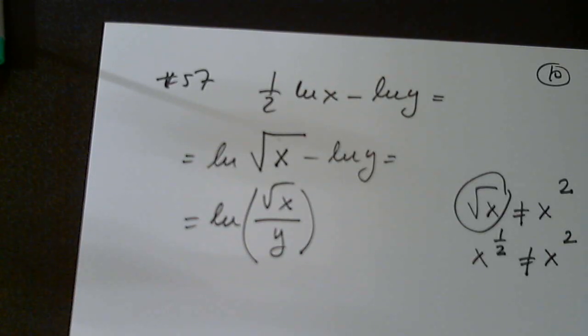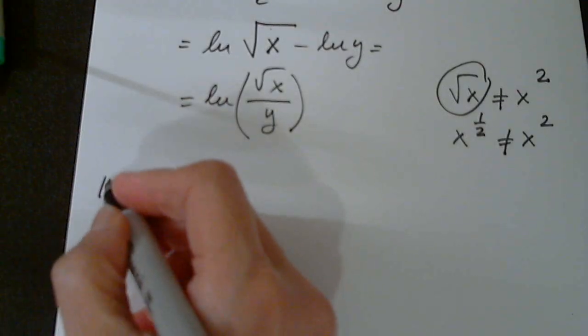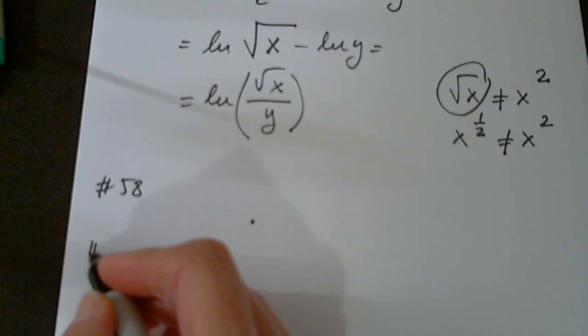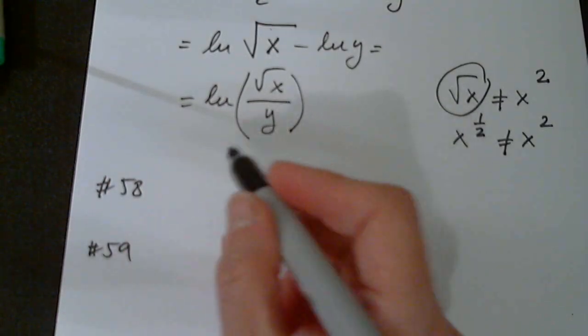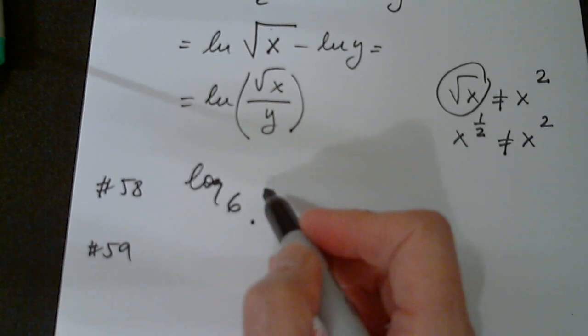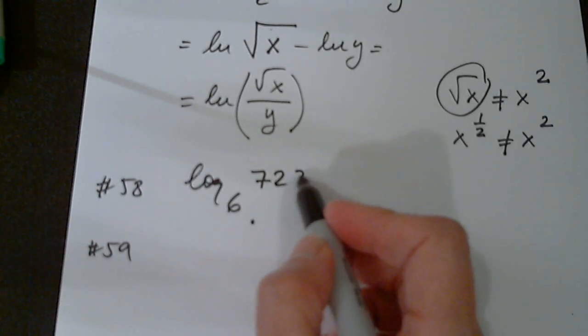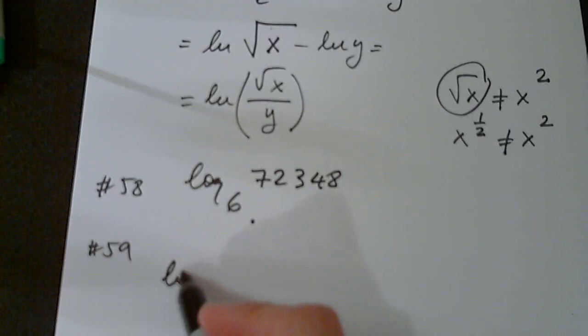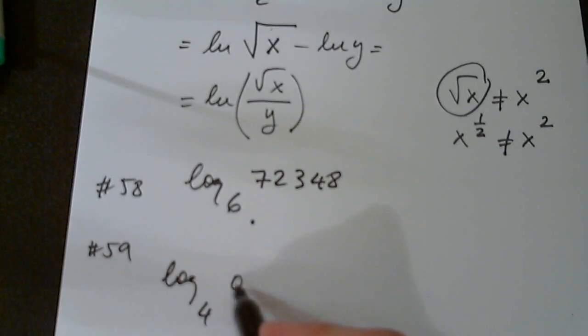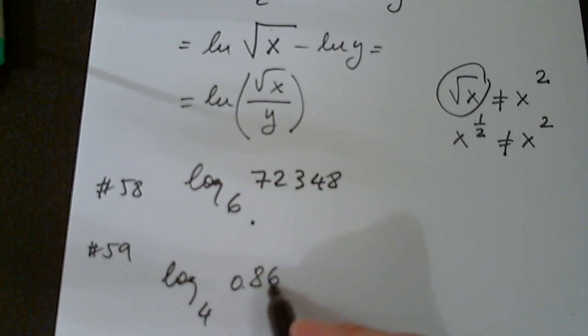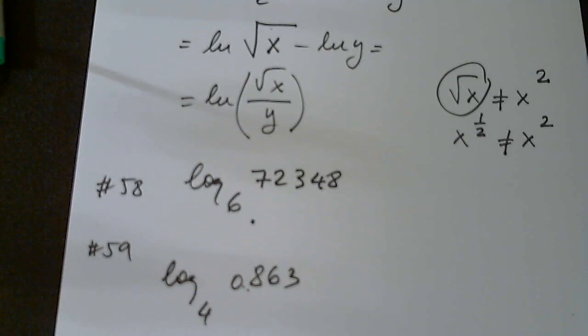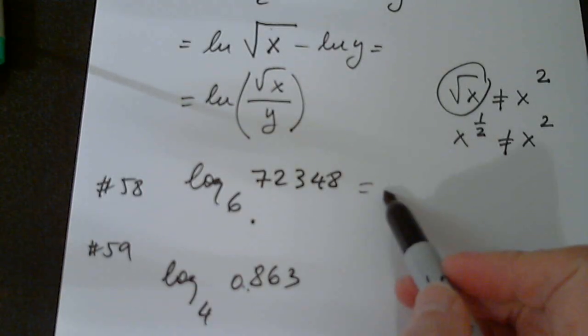Oh, sure. So 58 and 59. So we have log base 6 of 72,348 and log base 4 of 0.863. So remember the rule, very simple. This is a ratio.